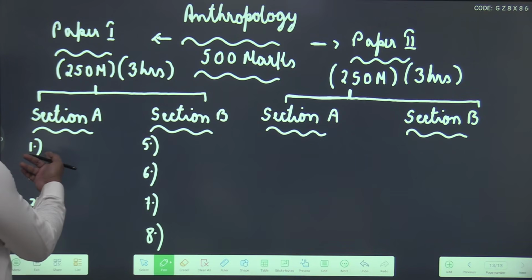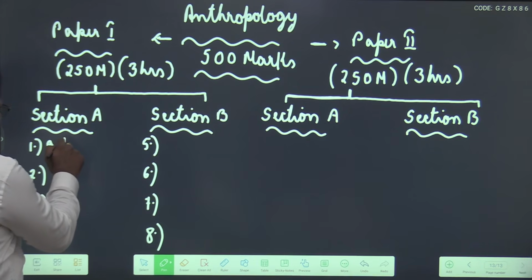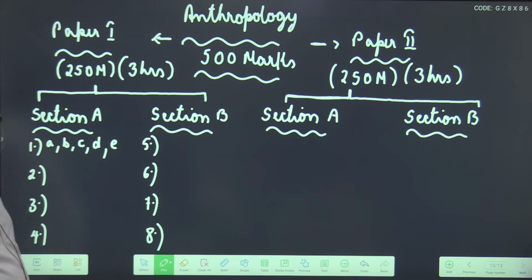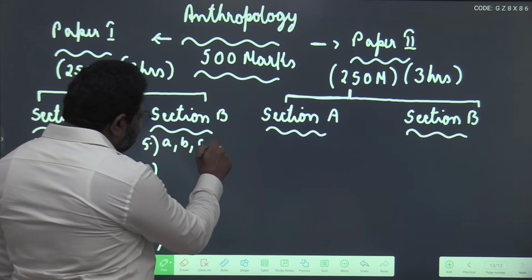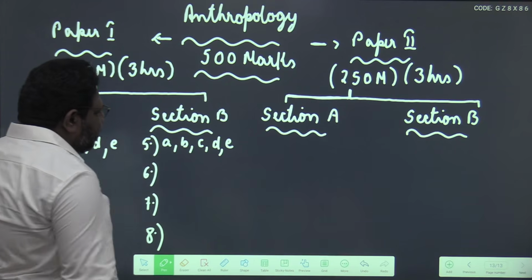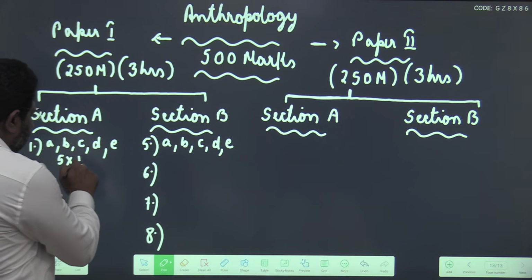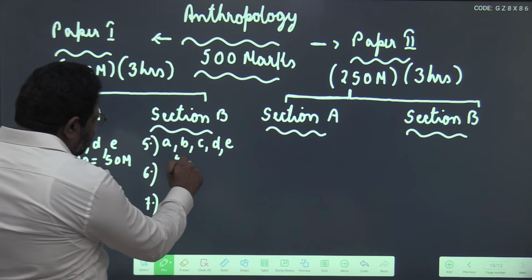Say for example, you take question number 1 and question number 5. It has 5 sub questions, A, B, C, D, E. Fifth one also you have A, B, C, D, E. Now each question here carries 10 marks. So 50 marks.